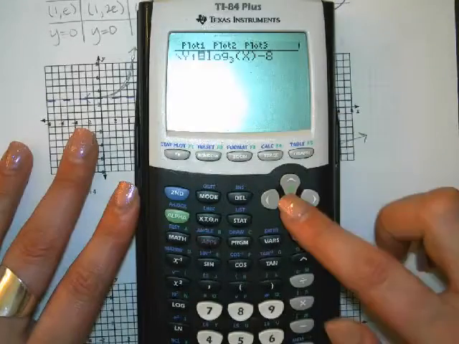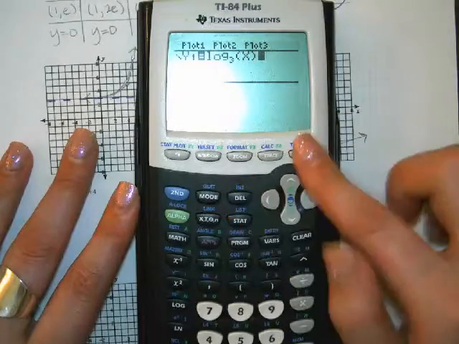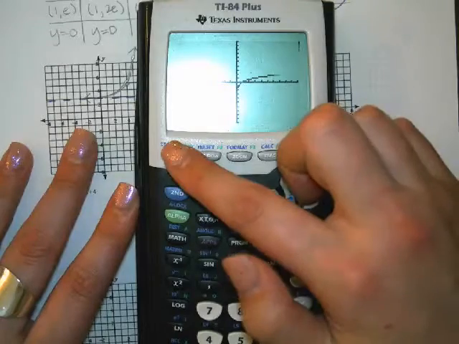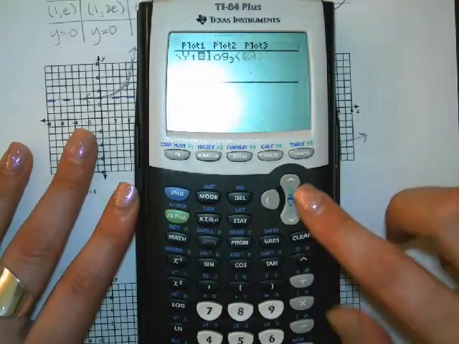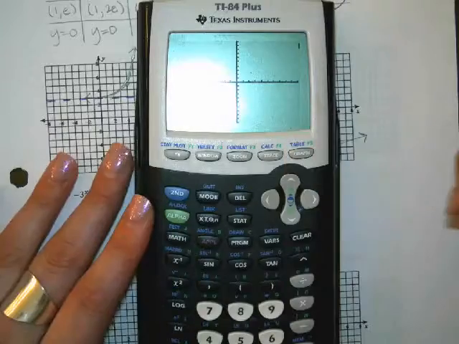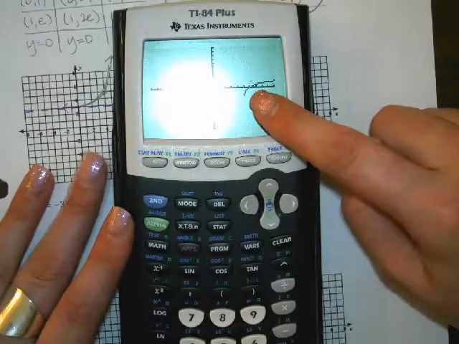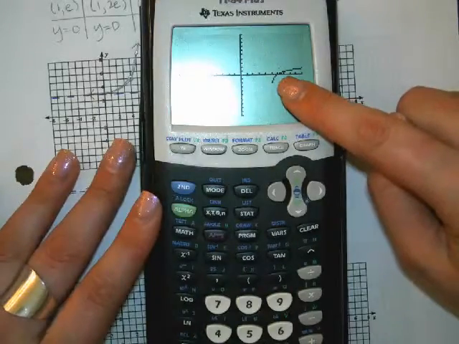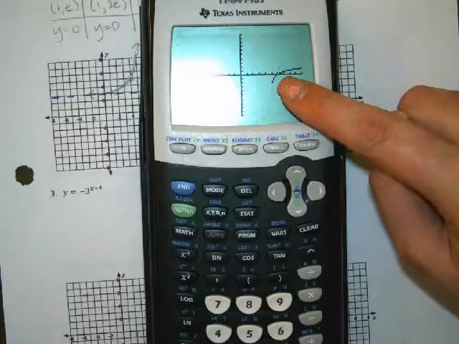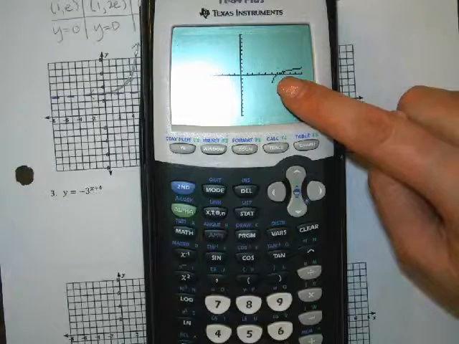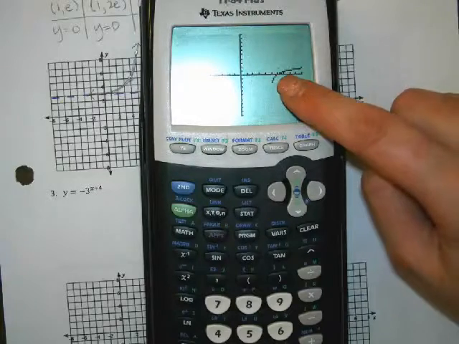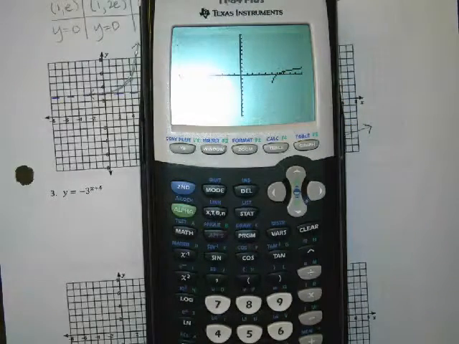The other thing I want to show you is that these graphs, even though I know it has a vertical asymptote, on my calculator they look like they stop. So most students, if they are only using a calculator to graph these, will tell me that the graph stops, but it doesn't. It goes down forever. Your calculator has a hard time showing that. Okay? So the reason I'm making you guys do these by hand is because you have to be smarter than the calculator. Okay? All right, go ahead and work on those.